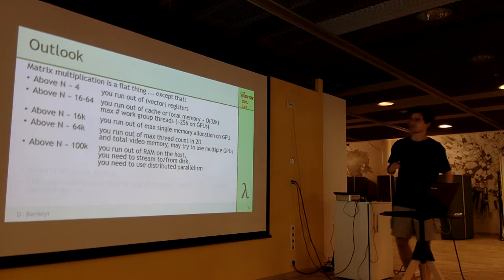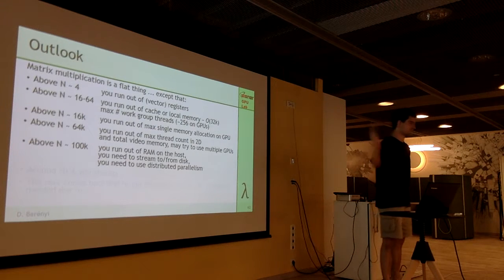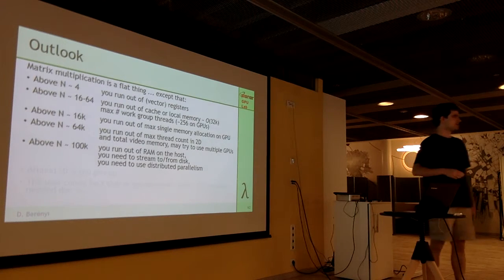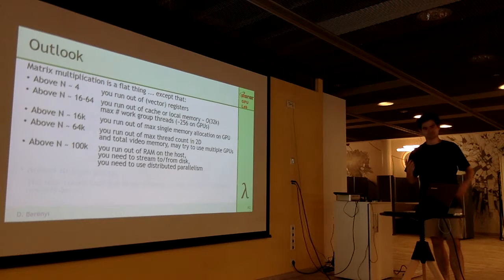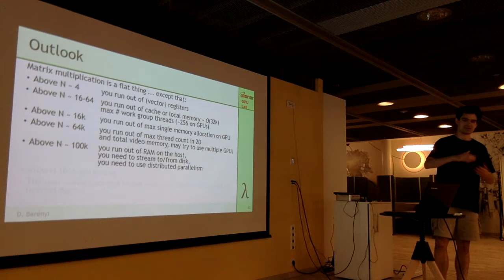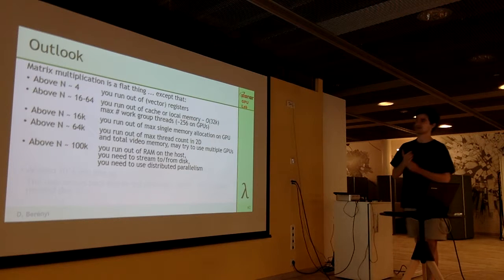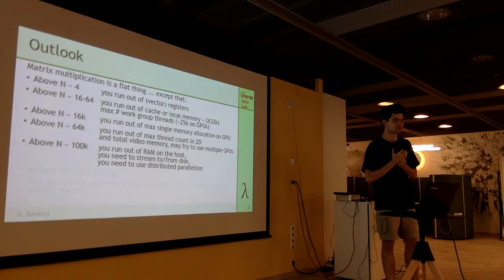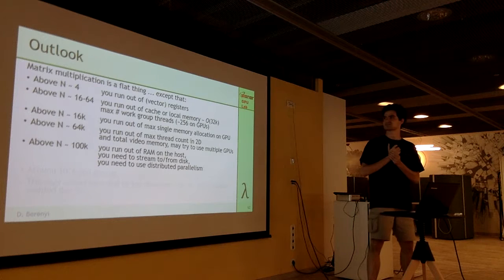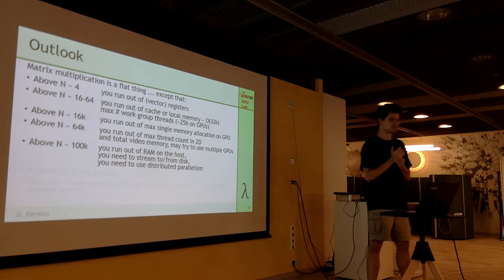Around n equals 4, you run out of the vector registers of whatever architecture you are using. Now, it's important to make use of the registers and push as much data of the matrix as you can into them, because it is really the fastest way to do operations, and accessing anything outside of registers costs time.